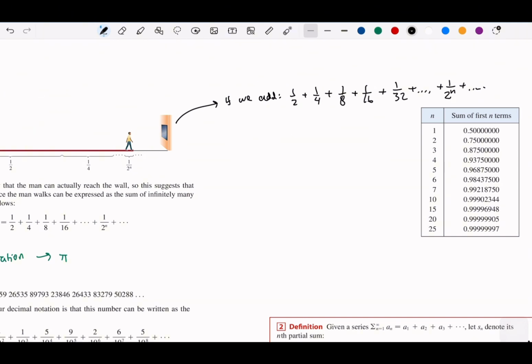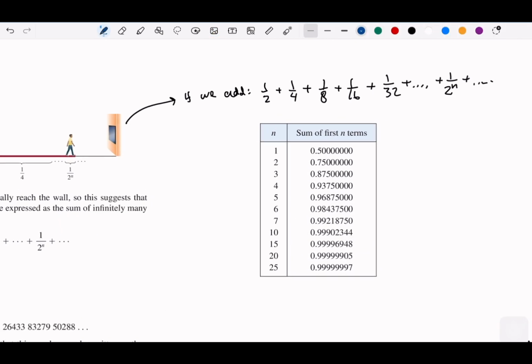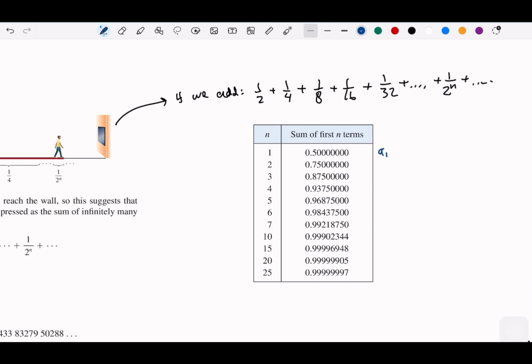Let me take closer and let me write what that means. This one is a1, this one is a1 plus a2, this one is a1 plus a2 plus a3 and etc. We call this the sum of the first n terms.